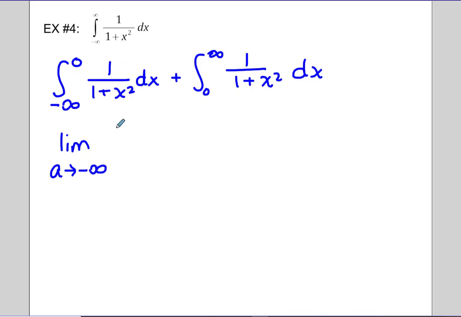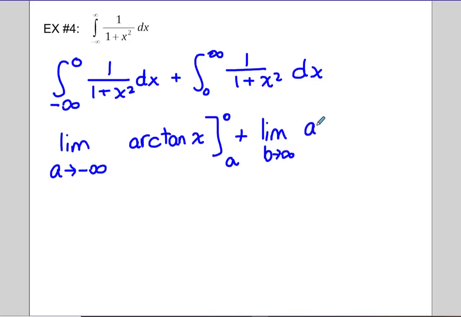So this looks like arctan. And that's going to go from a to 0. And then this one we'll use b. So the limit as b goes to infinity of arctan, evaluated from 0 to b.